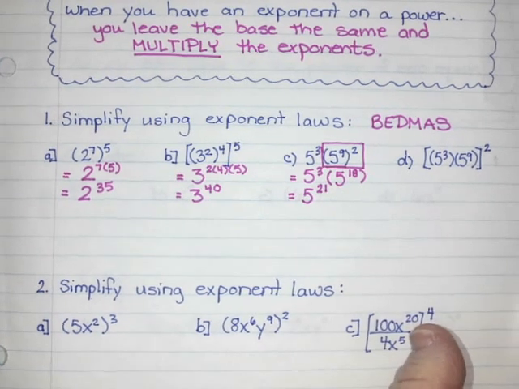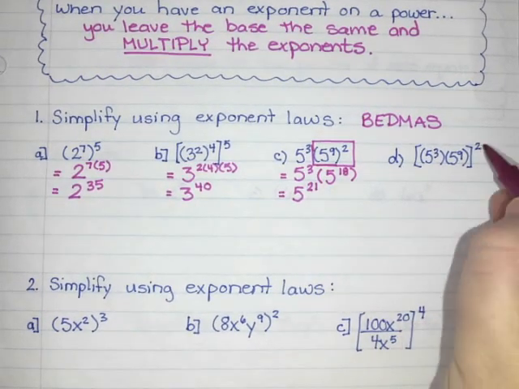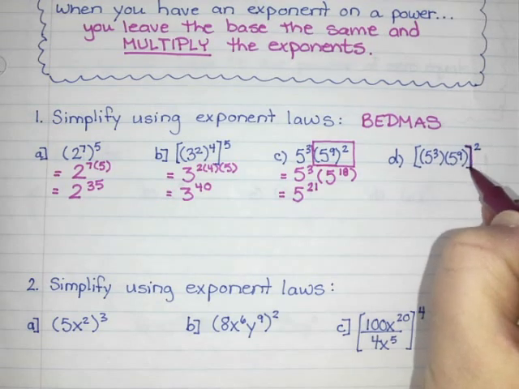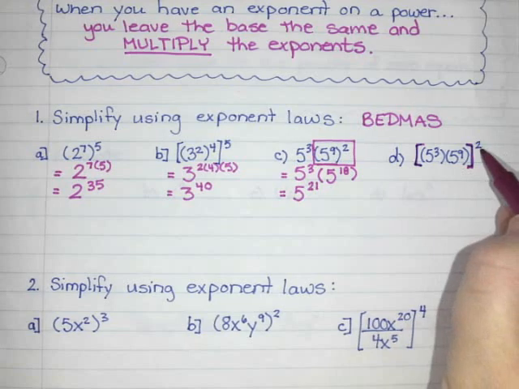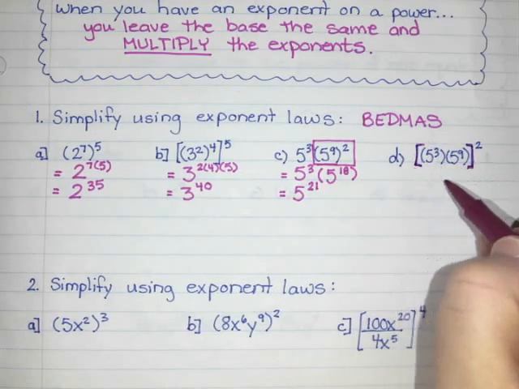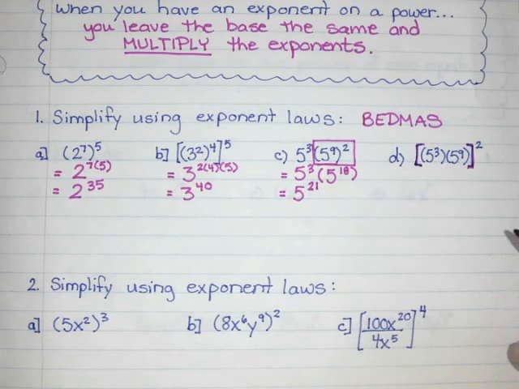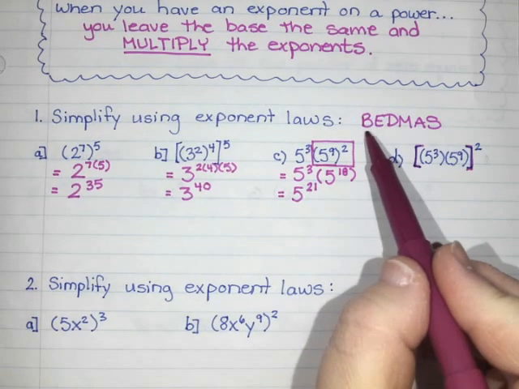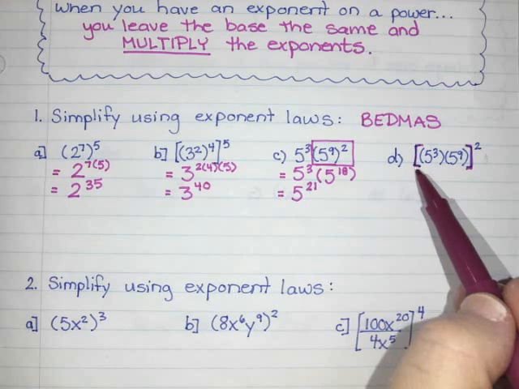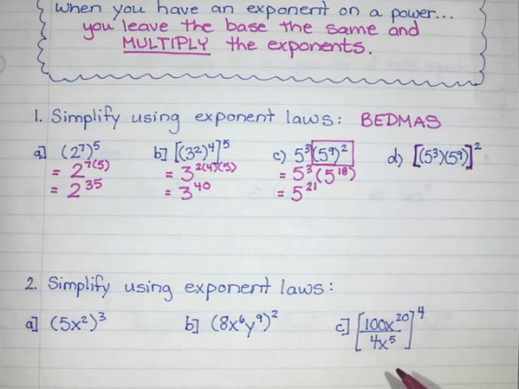But in our next example, you'll notice that the power of 2 is outside of this big square set of brackets, which means the power of 2 is actually on everything inside the bracket. So when I start this one, I am going to follow BEDMAS, and I'm going to start with brackets, and I do notice that I have that enormous set of square brackets there.